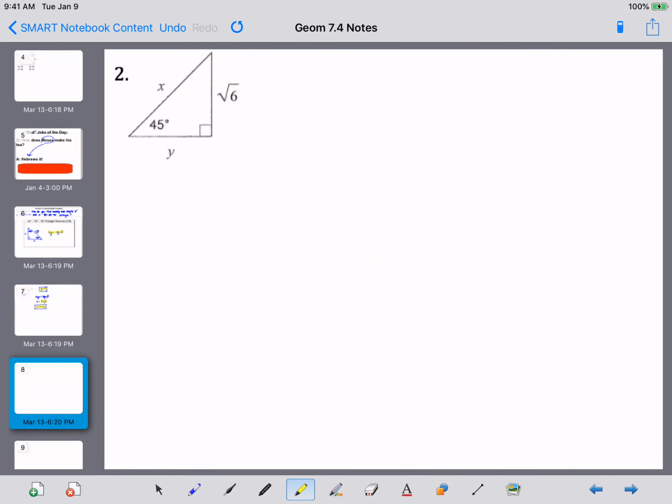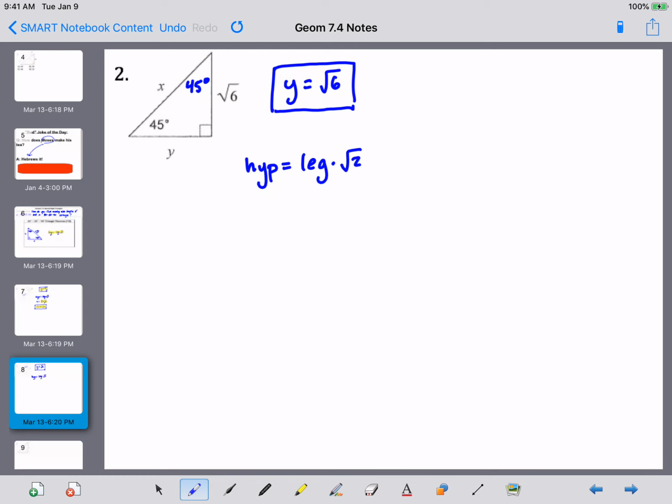Example 2, again, we've got a 45, 45, 90 triangle. Just like in example 1, finding y is pretty easy because it's given. Y has to be the same as the square root of 6 because the legs are equal. Again, we can set up hypotenuse is equal to the leg times the square root of 2, and our hypotenuse they're calling x.